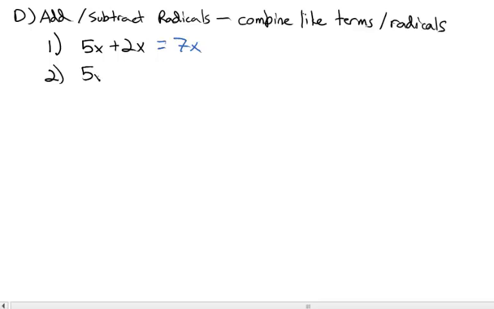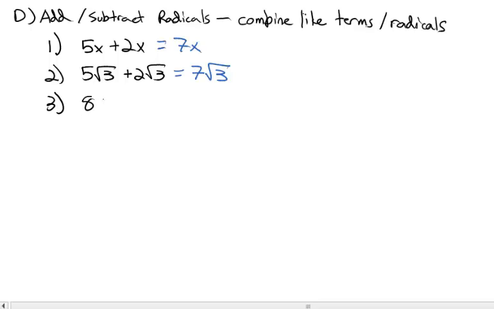We can consider 5 times the square root of 3 plus 2 times the square root of 3. They both have a square root of 3 on them, which means we add the numbers in front, 7, and we still have the square root of 3. Notice the radical part acts like a variable. And if it's a like term, we can combine it.